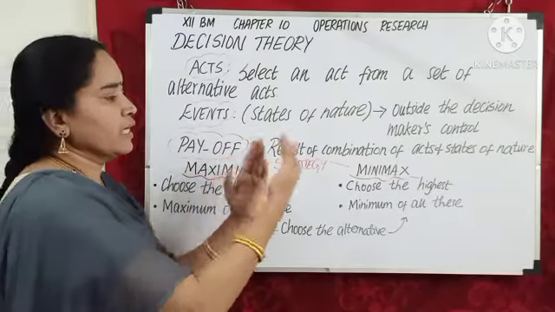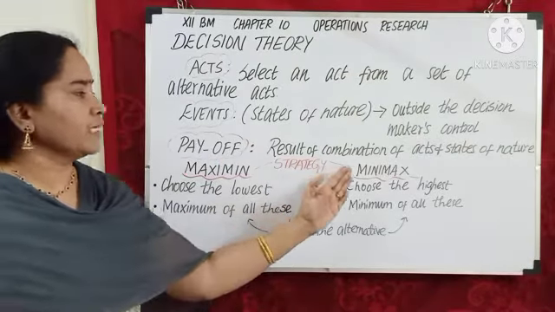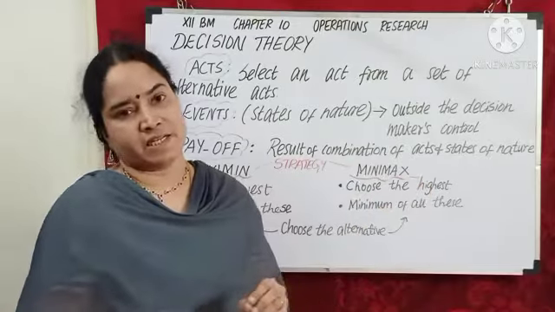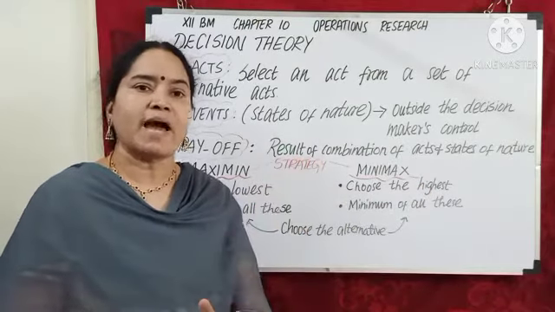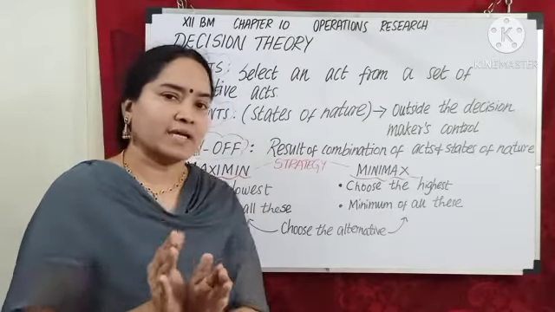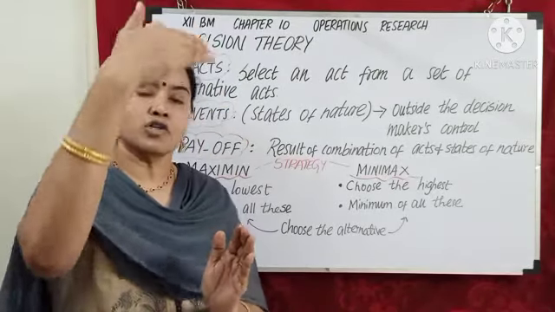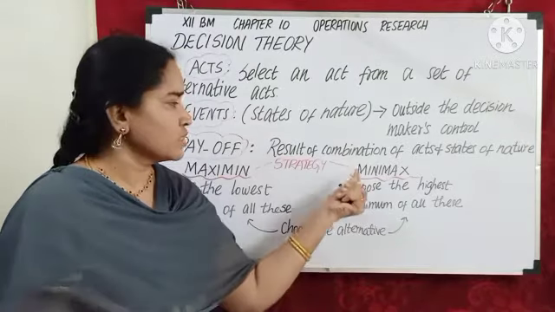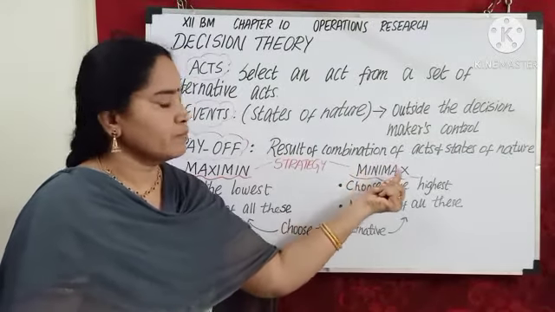The same thing in reverse. We have the other option, the minimax criterion. What is this minimax? First, in every row, choose the maximum. Then out of all the maximums, choose the minimum. So the word is minimax.